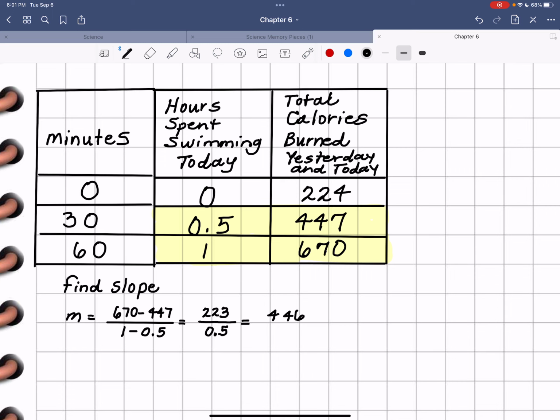If you want to write the equation, you would write it this way. Calories burned equal 446 times the number of hours plus yesterday's calories.